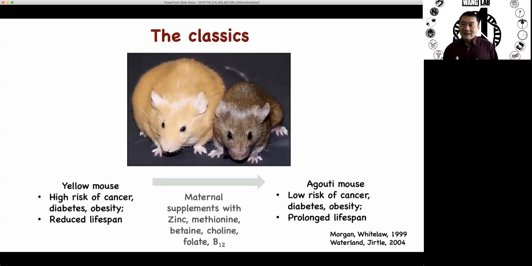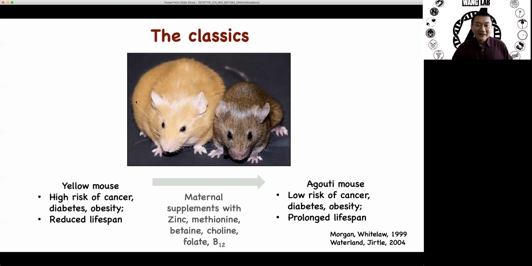These are the classic epigenetic phenomena. Whenever you think about or have heard about epigenetics, you almost always come to this example, the agouti mice, right? Look at these two little mice, these two animals. Aren't they so lovely? They're so lovely that you just want to go and snuggle with them, right?